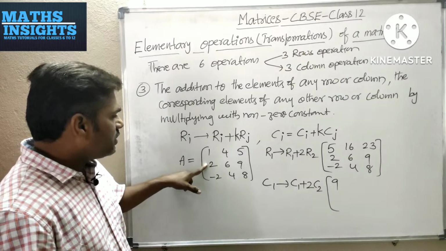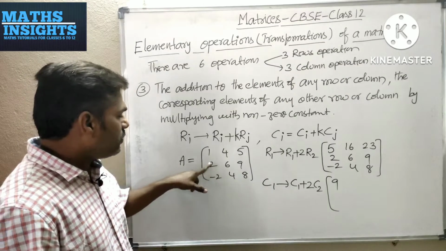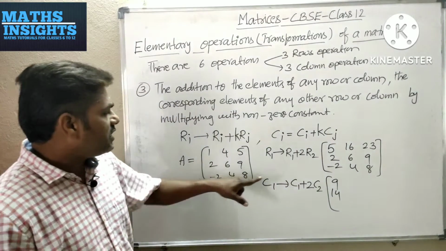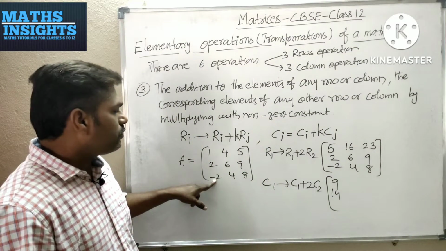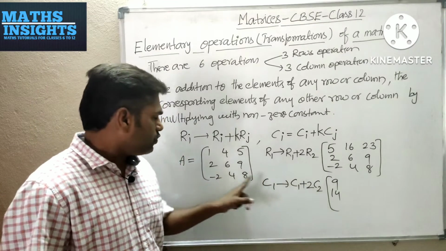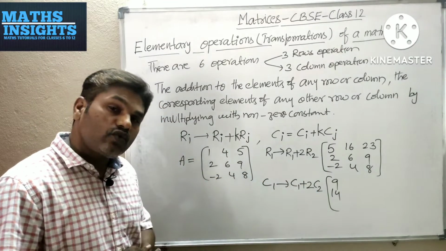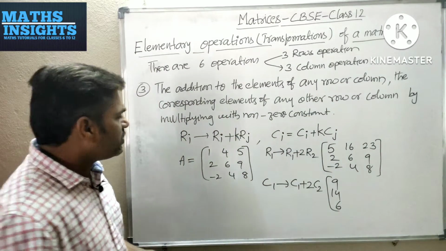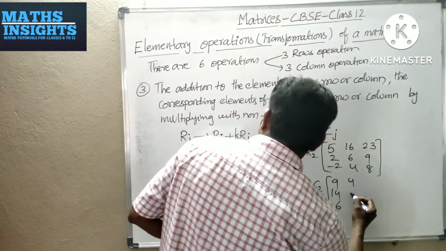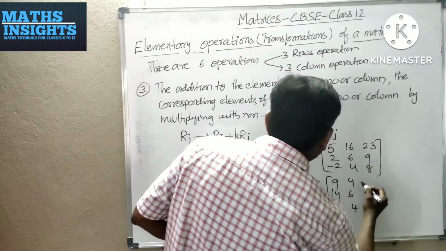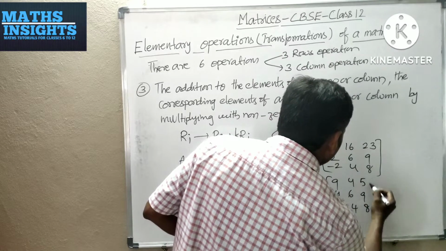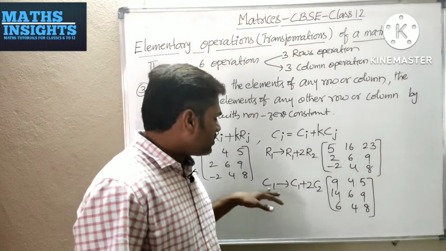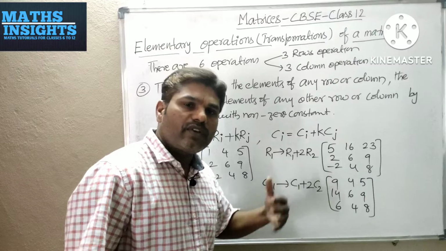So 2 plus 2 into 6, 6 twos are 12, plus 2 is 14. Next and last one is minus 2 plus 2 into 4, 2 into 4 is 8, minus 2 plus 8 is 6. The remaining columns are unaltered, therefore you may write them fast. Okay, 5 9 8. This is the matrix after transformation by using the third transformation rule.